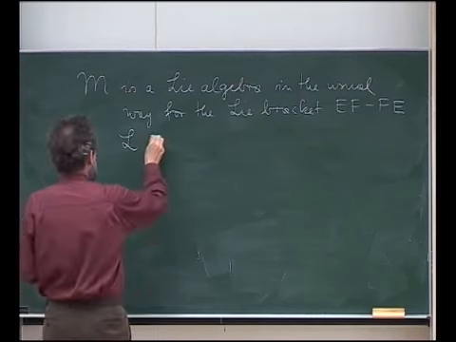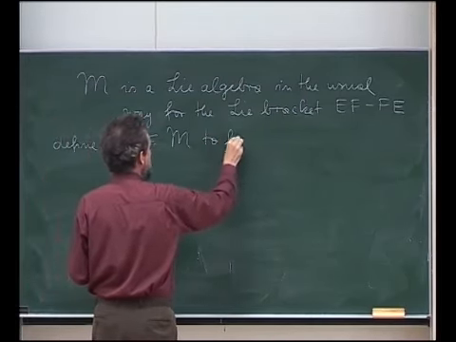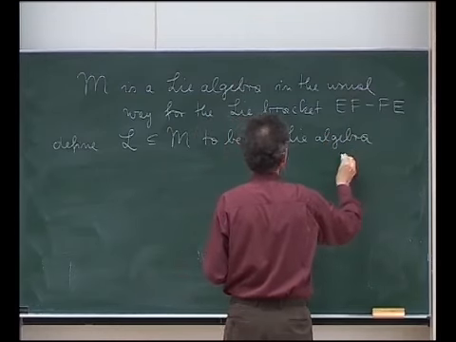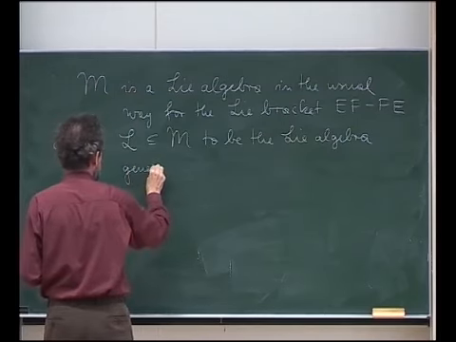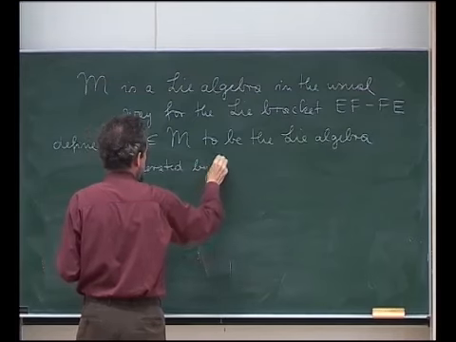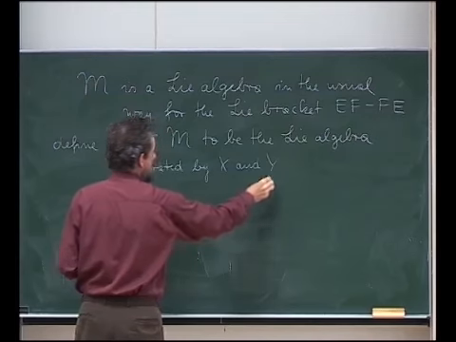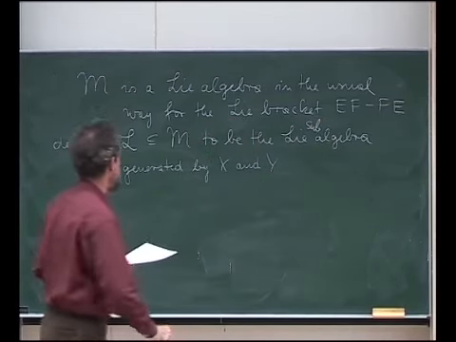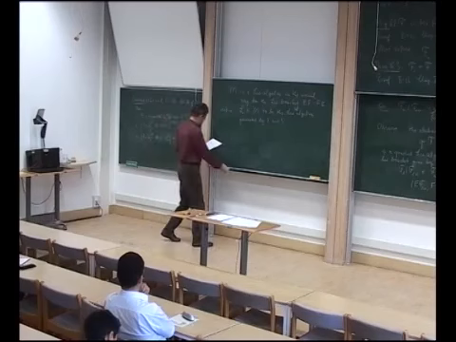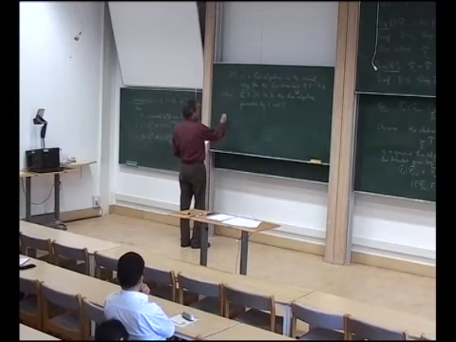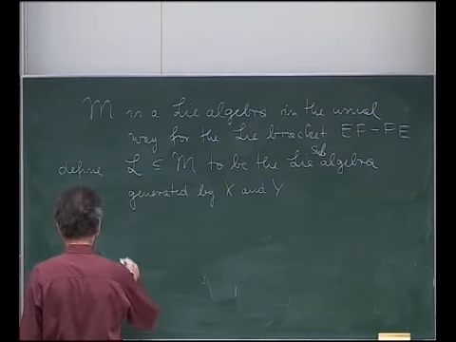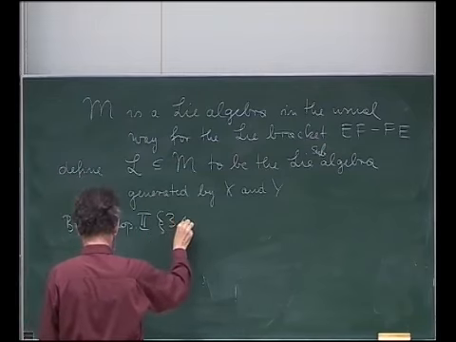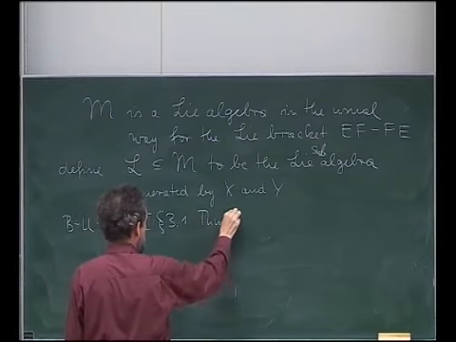Minus Fe, and so define L in M to be the Lie algebra generated by X and Y. The Lie subalgebra generated by X and Y. So then we know the following things.